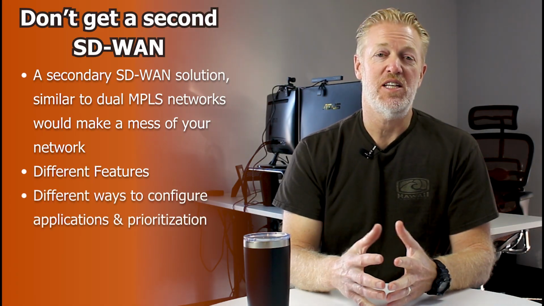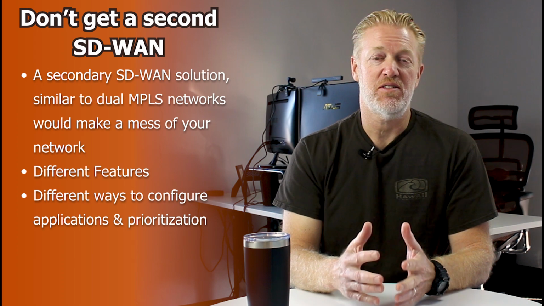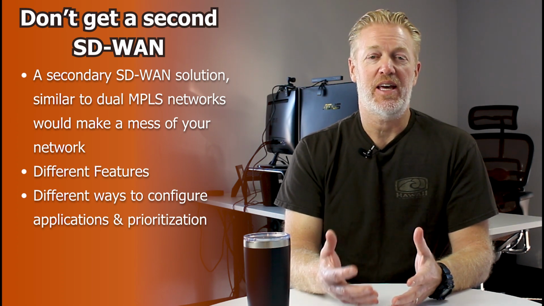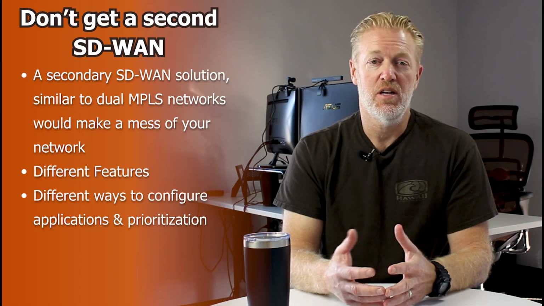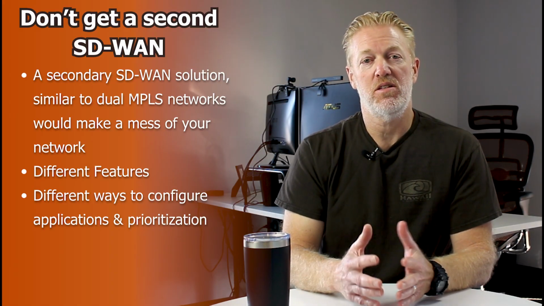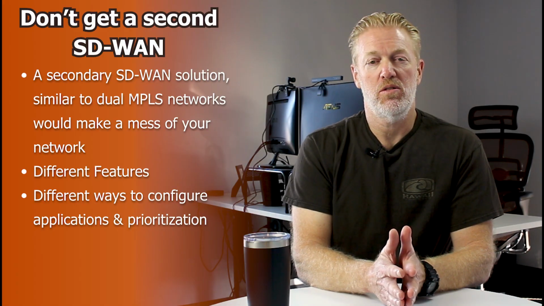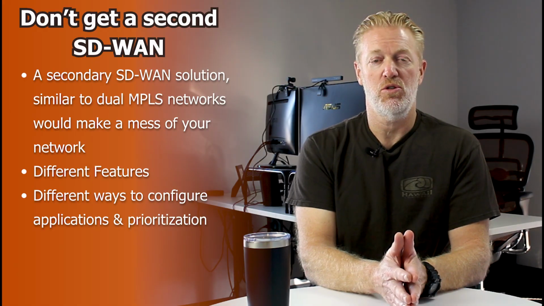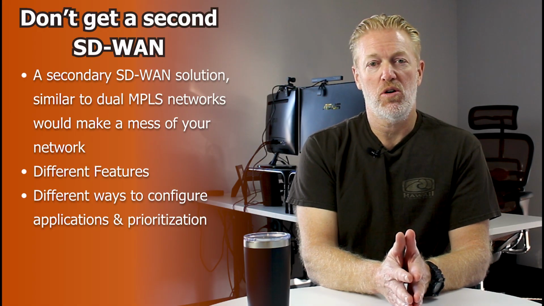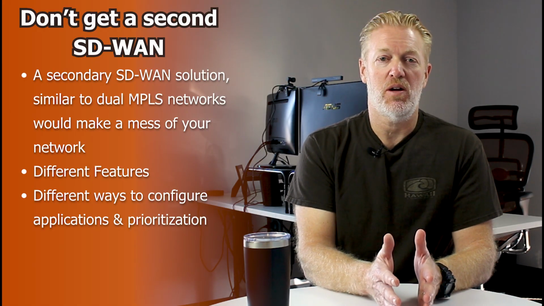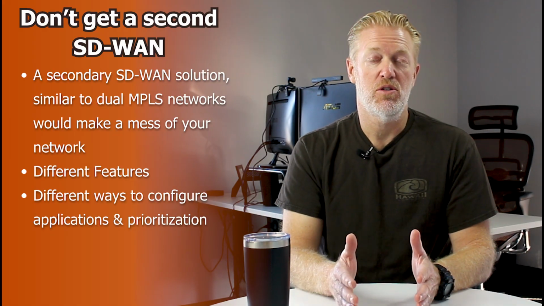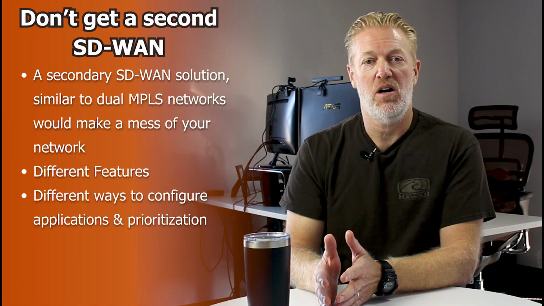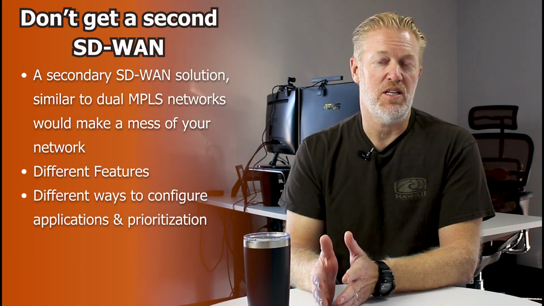The second reason is because different SD-WAN and SASE vendors have different ways of prioritizing applications on their solution. An example of that is some vendors will select an internet circuit. Say you have two internet circuits. Some vendors' solutions will send traffic over whichever circuit has the least amount of traffic on it, where other vendors will send certain applications over a certain internet circuit based on the performance it's seeing from that circuit.